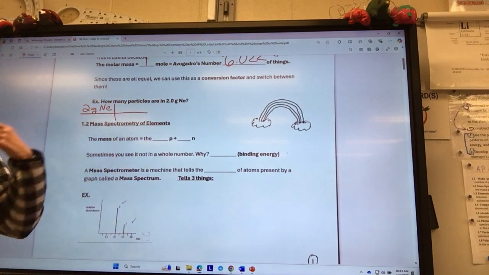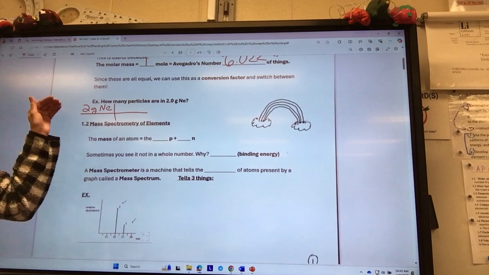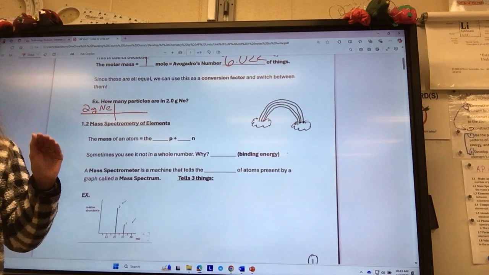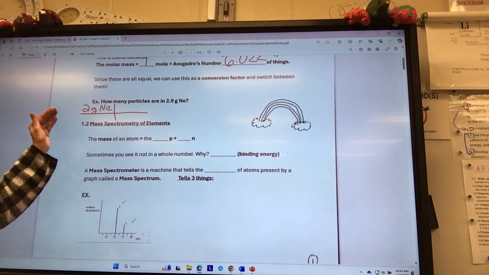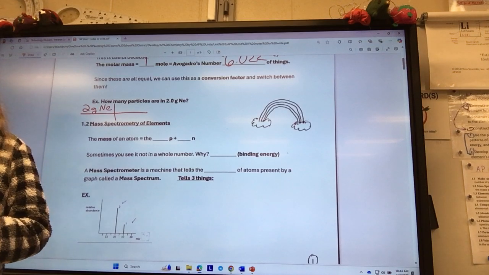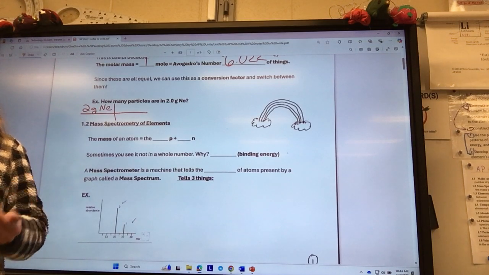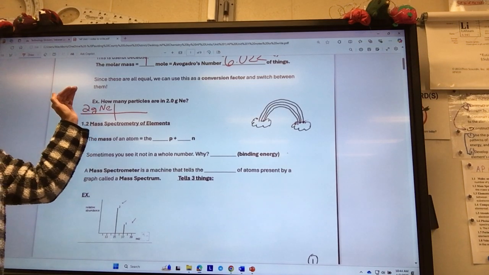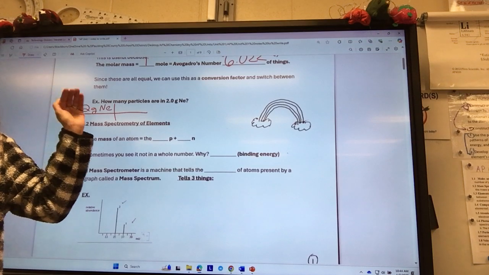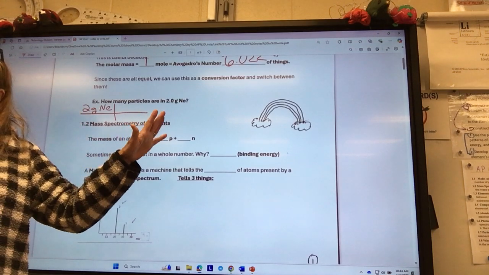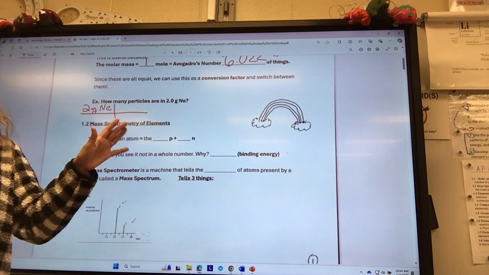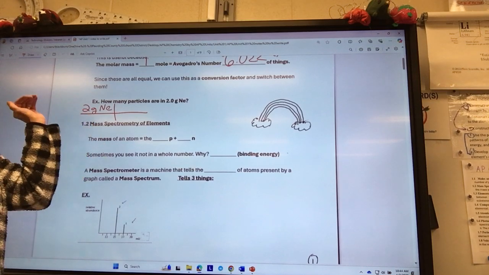Now, then we draw our railroad tracks. What's written on top is in the numerator, what's in the bottom is in the denominator, and we want grams to cancel out, so we want it to go to the denominator, so we're going to push the units that are in the numerator down and over into the denominator, and this is more interesting if you give it sound effects.